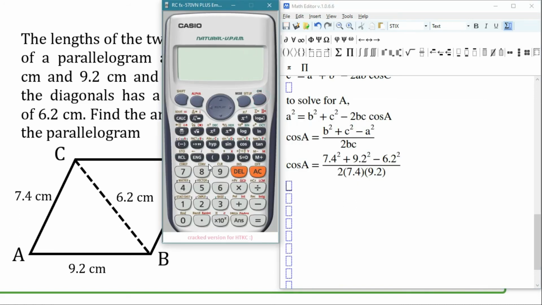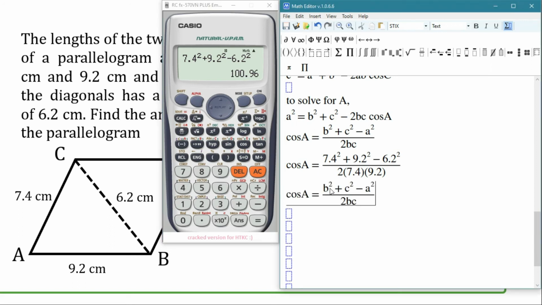Okay? So simplify na natin ng diretso yung taas, that's 7.4 square plus 9.2 square minus 6.2 square. And that is equivalent to 110.96.